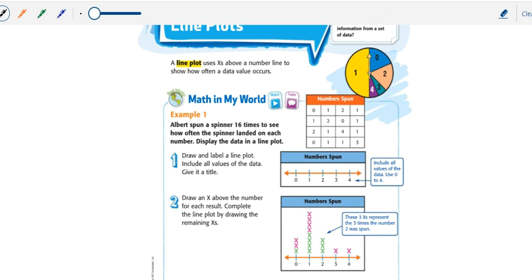Now, 0. How many times did 0 occur? Now, we saw 1, 2, and 3. That's why there are 3 x's over here. So you need to complete by drawing 2 x's over the number 0.